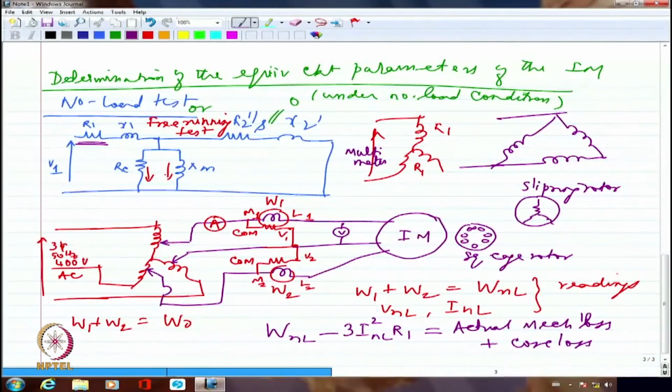Ultimately, whenever I do the per phase calculation, I better not forget converting everything on a per phase basis. Unless I do that, I am bound to make mistakes. Okay? So we will continue with the no load test and the second test, which is equivalent to the short circuit test.